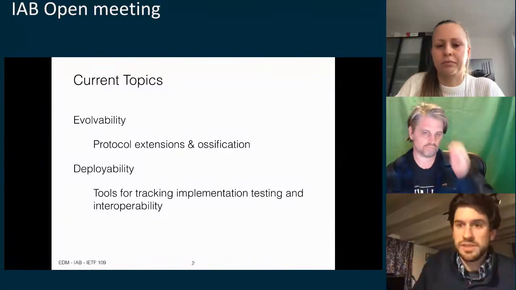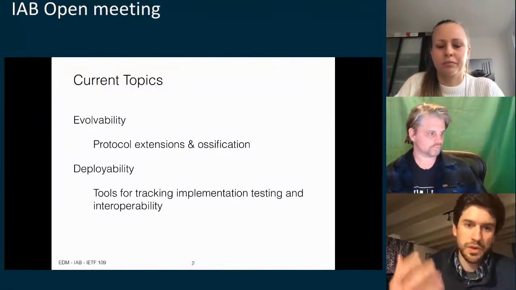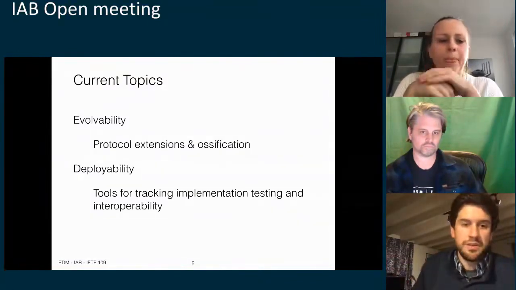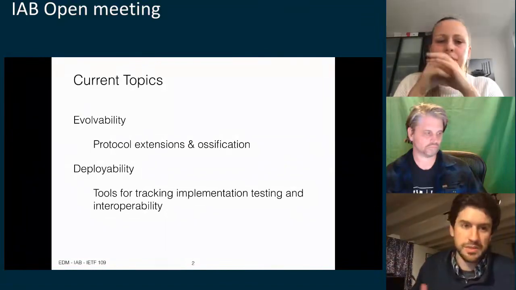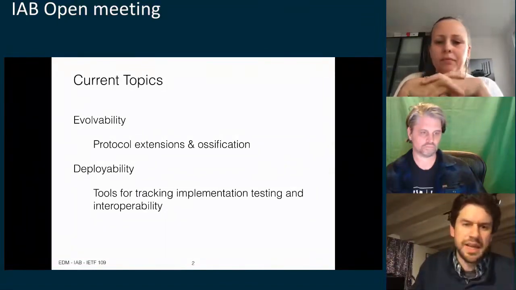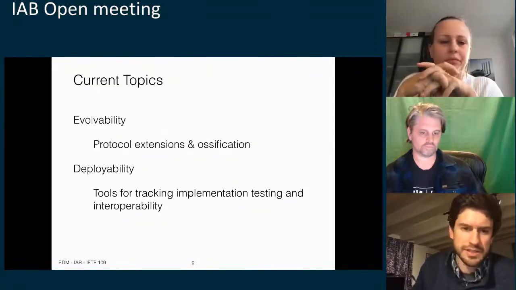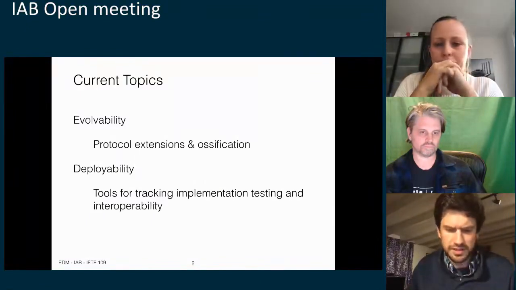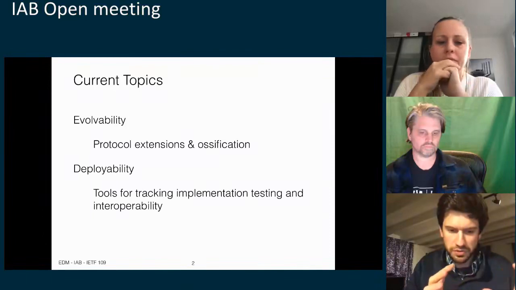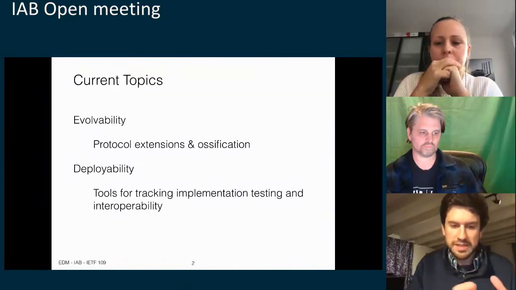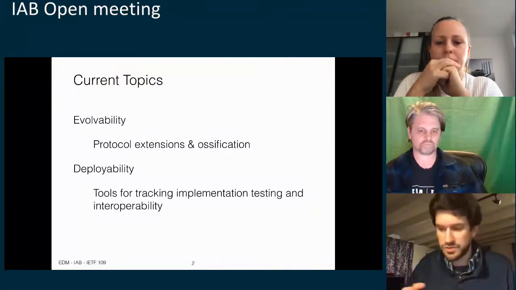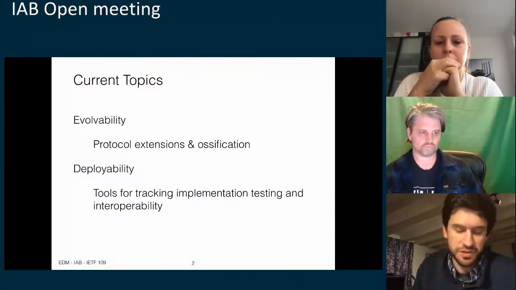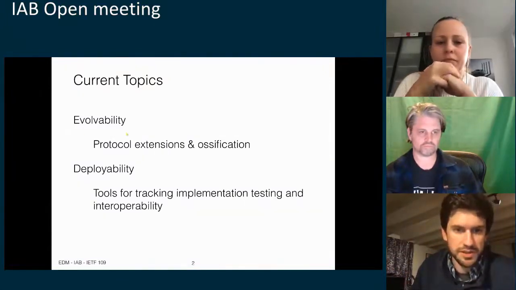The two topics we've discussed so far most are, on the evolvability side, how we handle protocol extensions and ossification, and on the more practical deployability side, how we are tracking implementation, testing, and interoperability in our working groups, and trying to understand what our strategy there leads to in the actual deployed internet after we've finished the work in the IETF. So next slide, please.